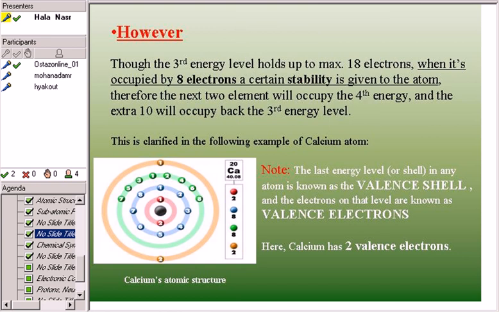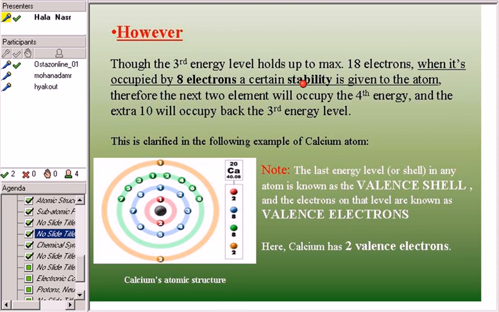As a matter of stability, though the energy level 3 is able to carry up to 18 electrons, it prefers to have only 8 electrons. This maintains certain stability. The word stability means it's better for the atom if its energy level number 3 is carrying only 8.